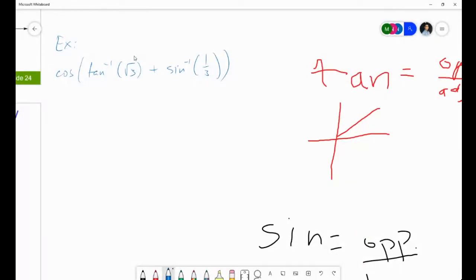So yeah. I'm going to try to write theta. Okay. Theta, 1, 3.